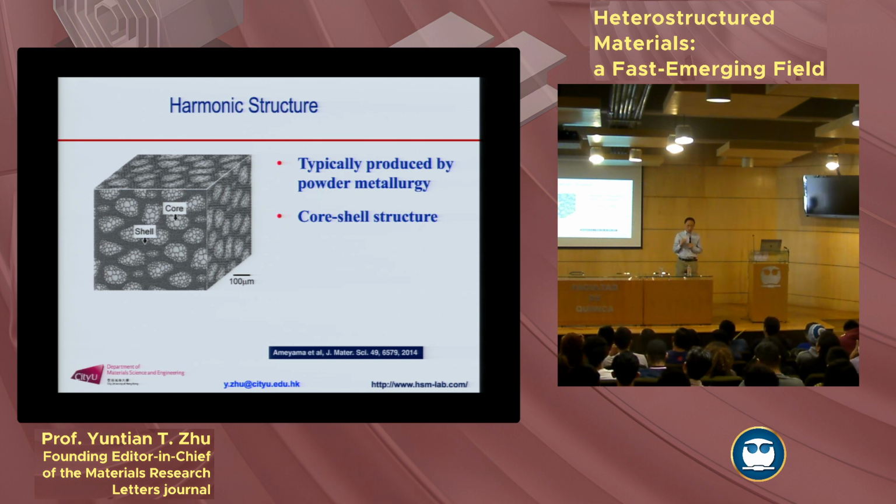I asked him, why do you call it harmonic structure? It's not easy to understand. He said he liked to play harmony in music. So this looks like a periodic musical note. I think my name might be easier to understand, but since he's the inventor, he has the right to name that one. And this is a story: when he published this paper, I discussed with him, I said, this is the structure.